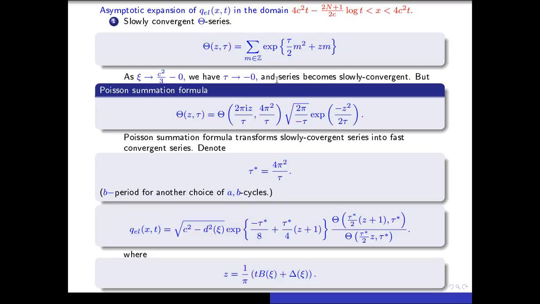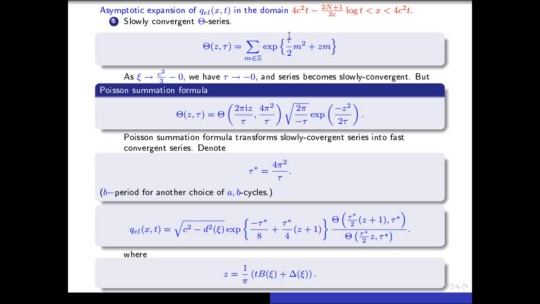The first key point is that the theta series, which represent these theta functions, in the limit when we are close to the leading edge, become slowly convergent, because the b period tau of the corresponding Riemann surface tends to 0.